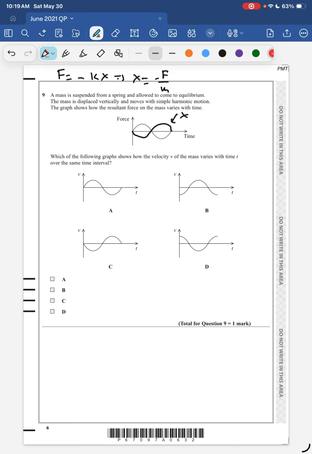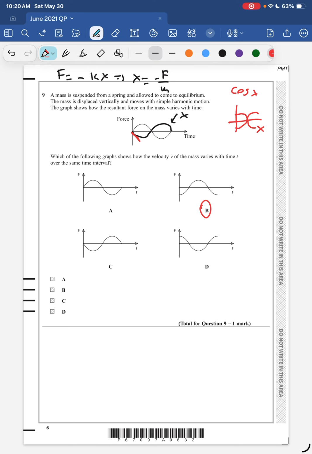And therefore, if I take the gradient where the oscillation starts, this gradient is negative, which means that the initial velocity is negative, and the velocity has to be a cosine function. Cosine functions start up there, or down here. So, since the initial velocity is negative, the only option that works is B.